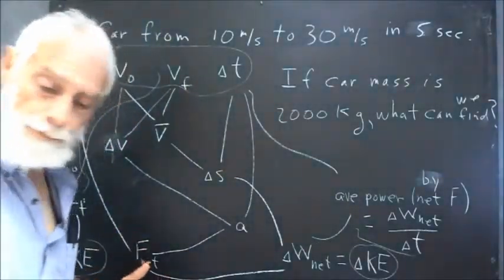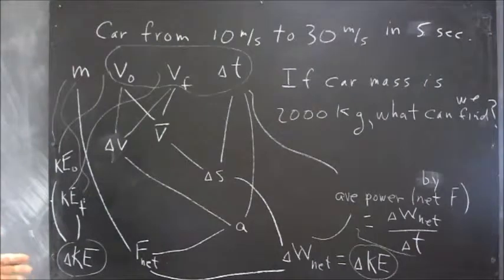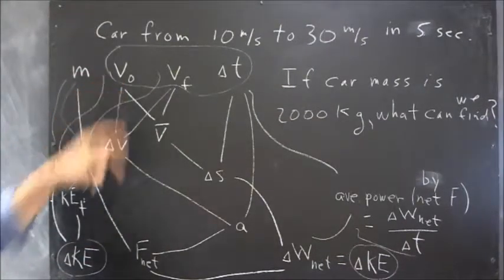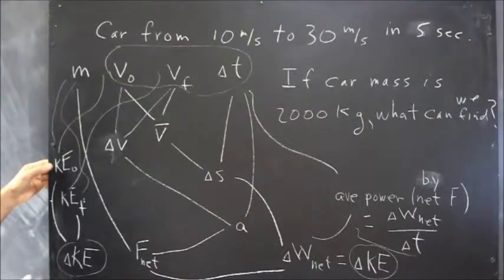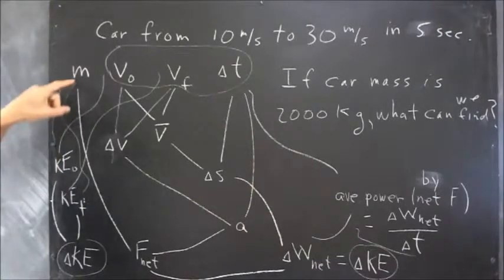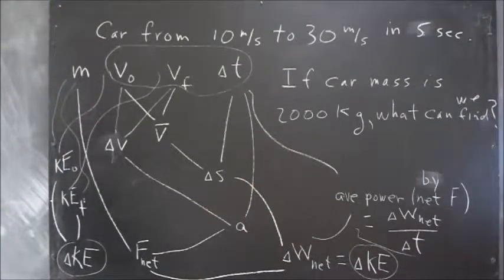Now there's even more. If we put the mass together with the initial velocity, we can get the initial kinetic energy, just 1/2 m v0 squared. Now the lines kind of get fuzzy here, but here's a line from V0 down to the initial kinetic energy, and a line from the mass down to the initial kinetic energy.